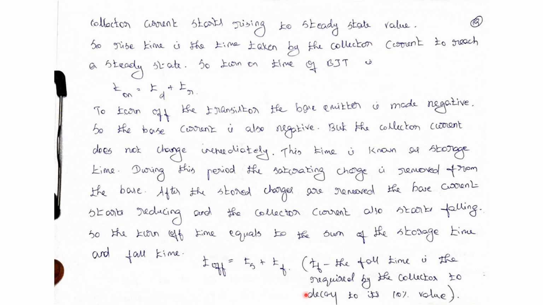For that, the time required is TF. So to turn off the BJT, the time required is the sum of the storage time and falling time. If the base saturation is more, then it will take more time. Okay, that's it.